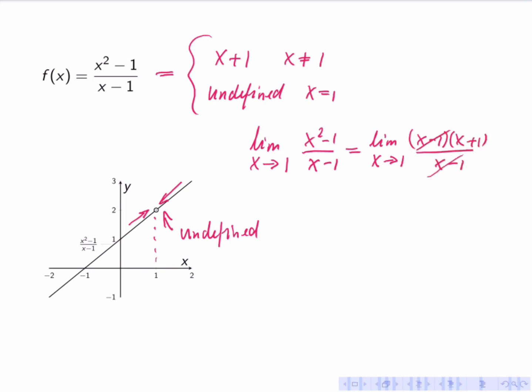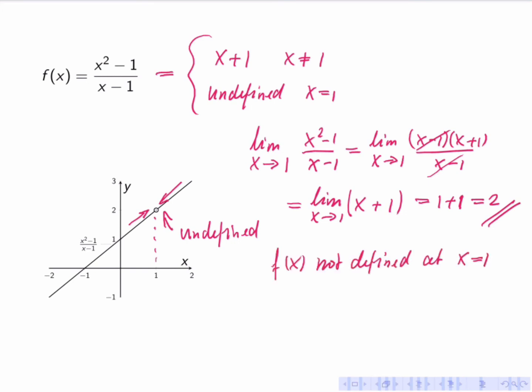We cancel the common factor, then this is limit as x goes to 1 of the function x plus 1. But now I can take the limit. This new function x plus 1 is actually defined, so in that case I can actually take the limit. This is 1 plus 1, which is equal to 2, and this is what we guessed anyways. Although the function is not defined at 1, the limit is.